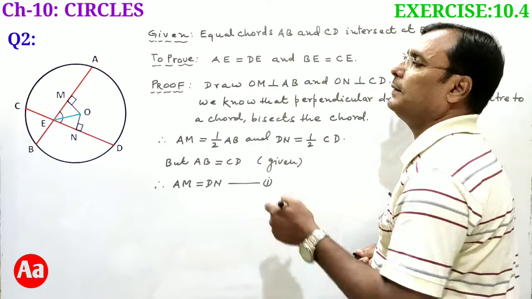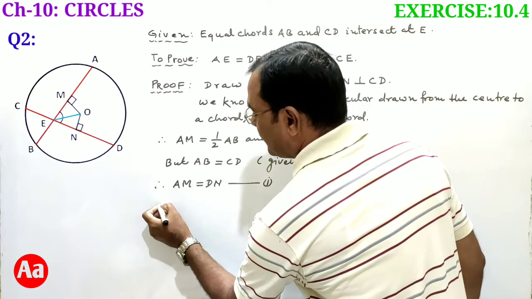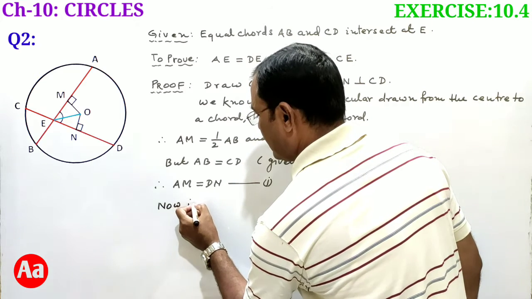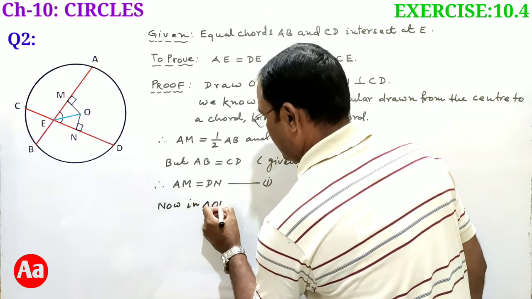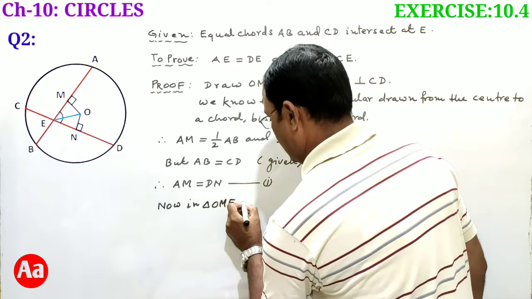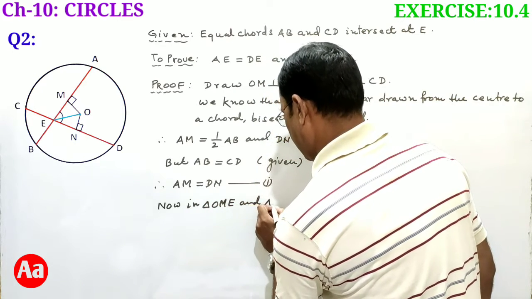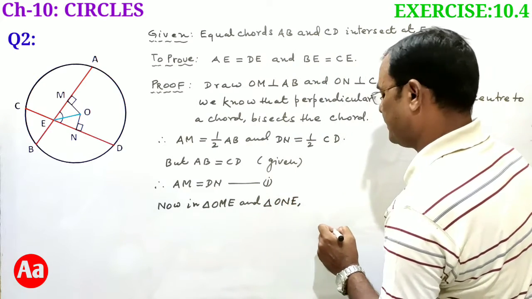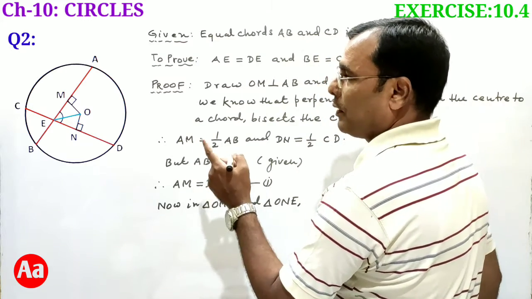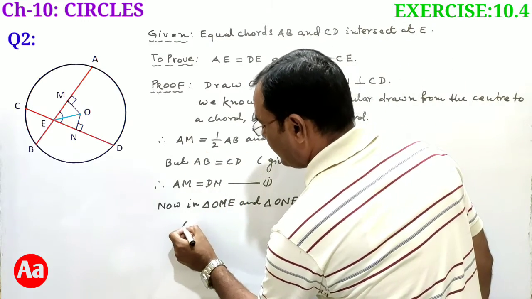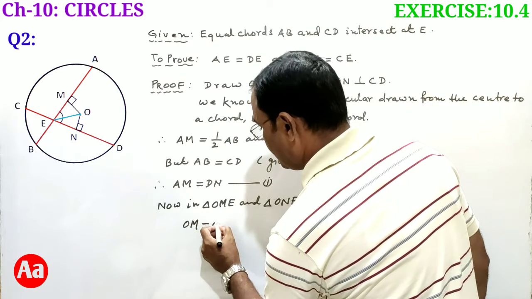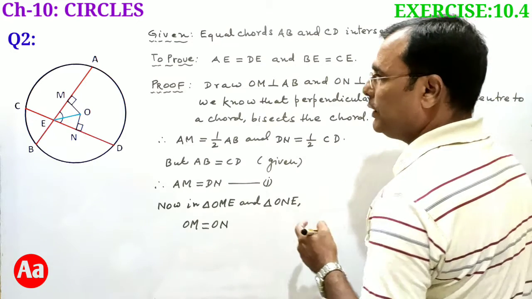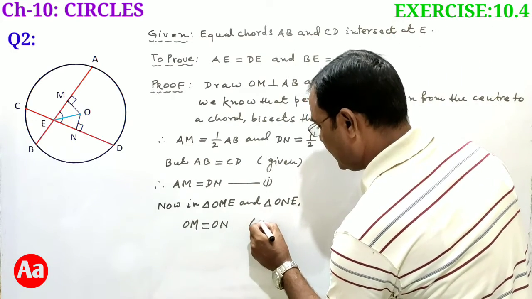So now in triangle OME and triangle ONE, OM is equal to ON, because equal chords are equidistant from the center.